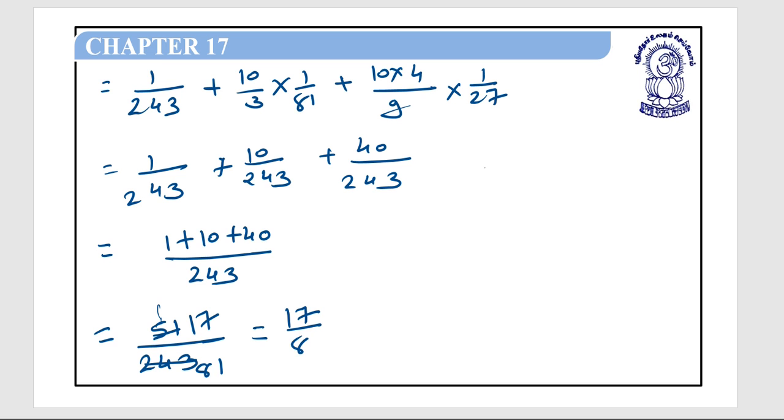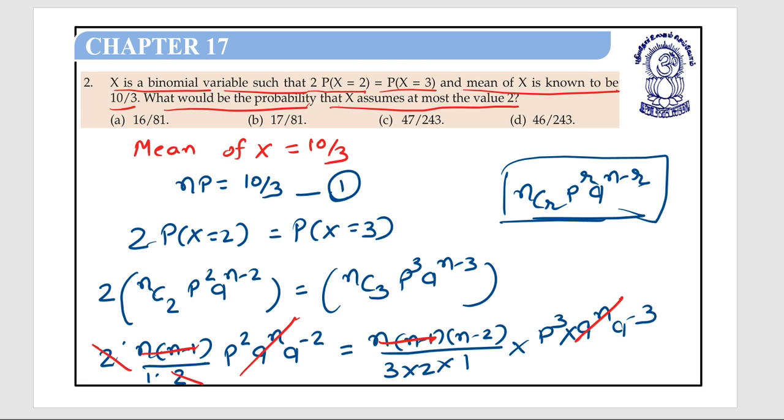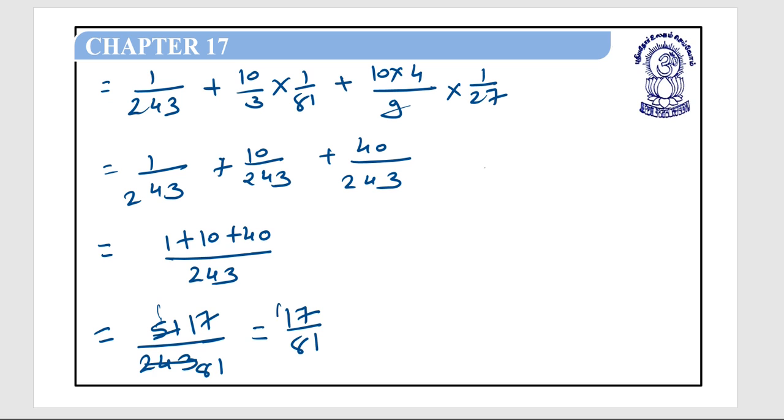So 17 by 81, option B is the right answer of question number 2. 17 by 81.